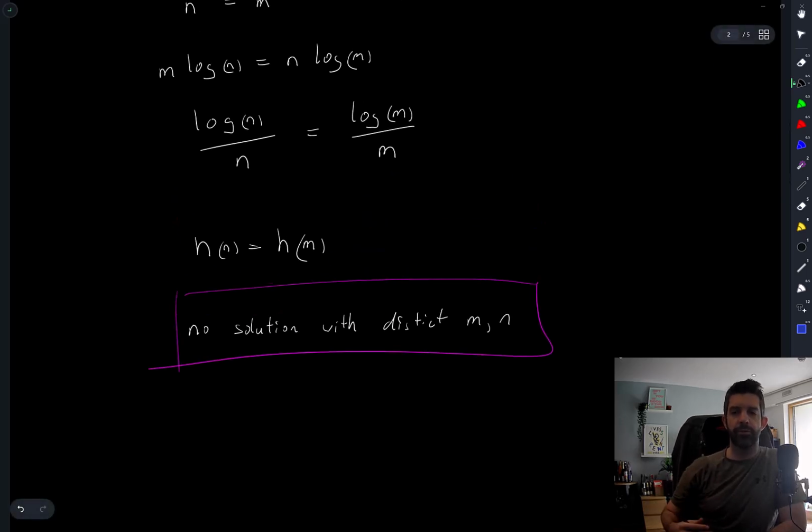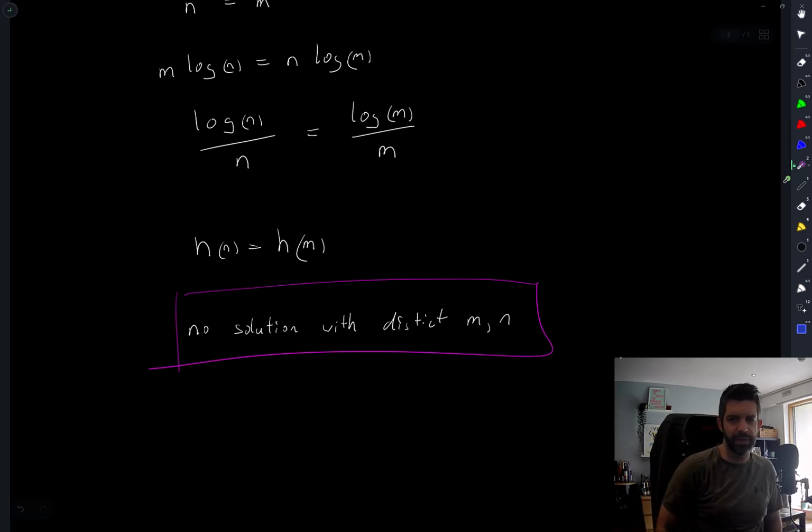The style of this type of problem that I've solved in the past simply says n to the m is equal to m to the n. Find all possible solutions. It didn't give the hint that h of x is equal to log x over x. But also, yeah, it's funny. This is one of these problems that's sort of stuck with me.